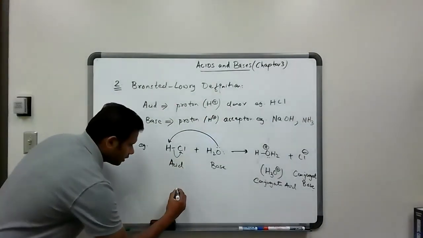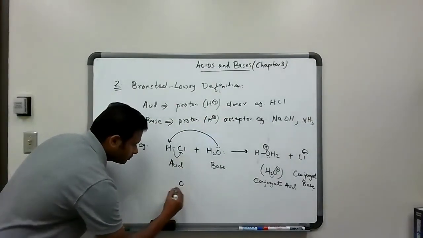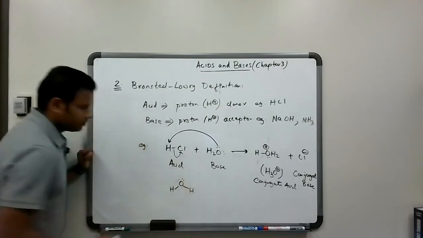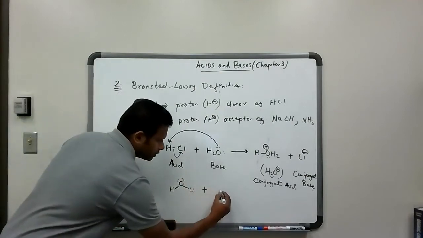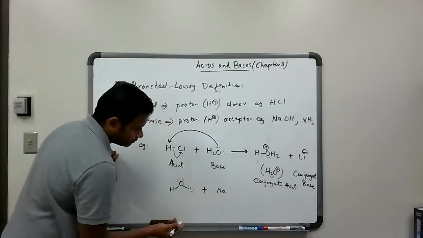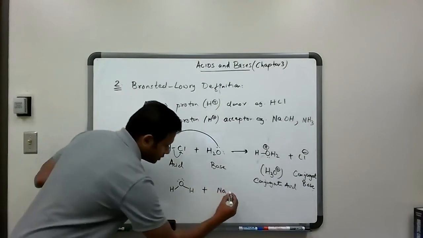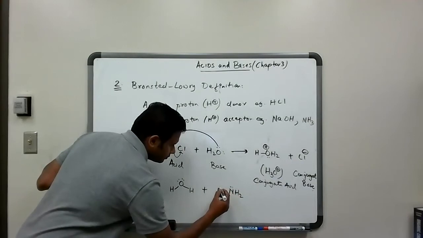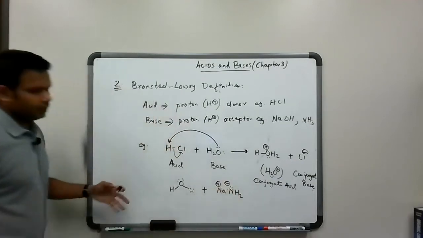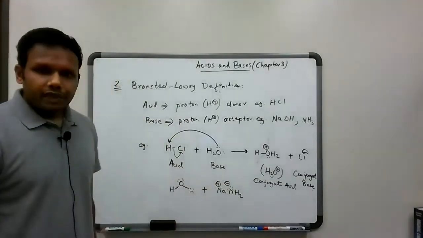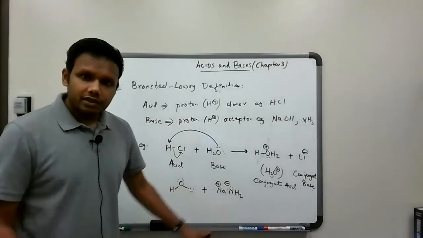But we could have another example where we have a water molecule and plus we have, let's say, sodium NaNH2. I'm just making up a base here, but this is a base that we will see later.